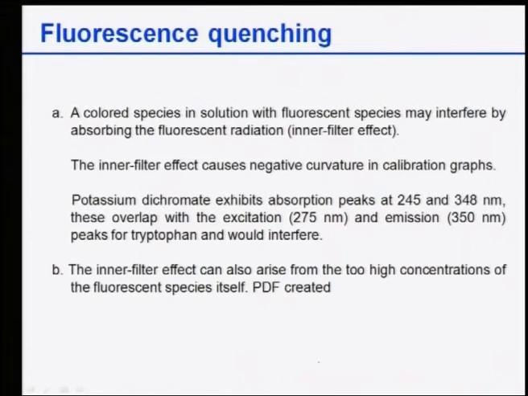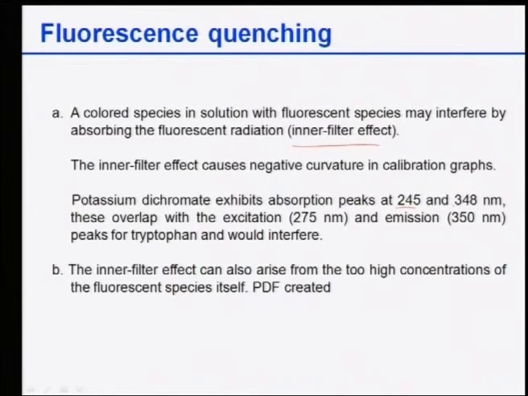A colored species in the solution with a fluorescent species can interfere by absorbing the fluorescent radiation, which is what I discussed. Potassium dichromate exhibits absorption peaks at about 245 and 348 nanometers. This can overlap with the excitation and emission peaks of tryptophan and would therefore interfere. That can also lead to quenching.